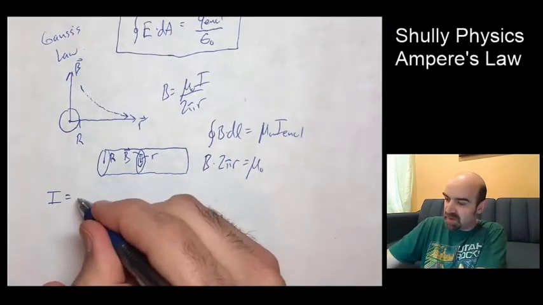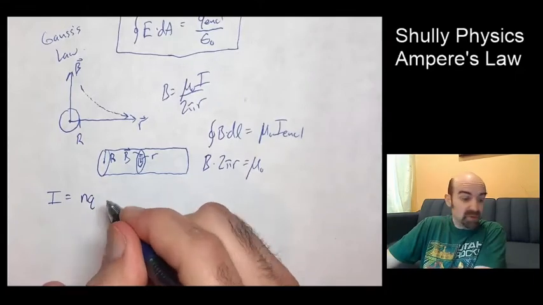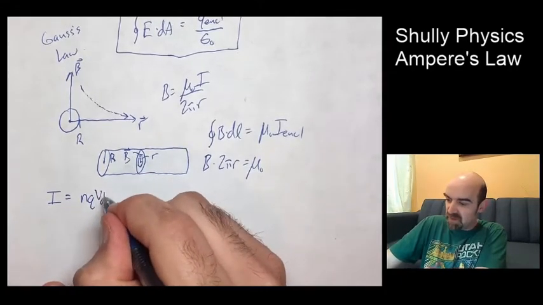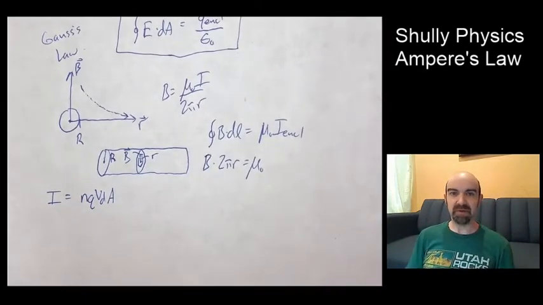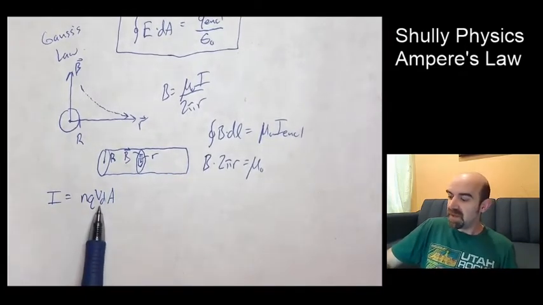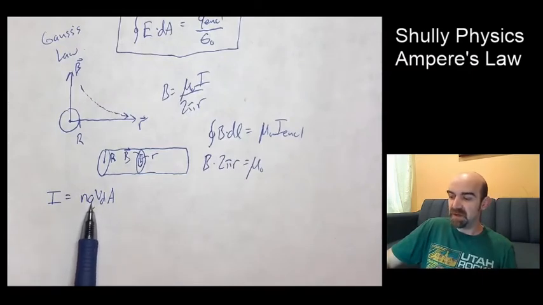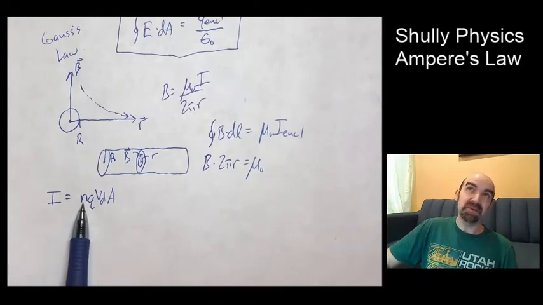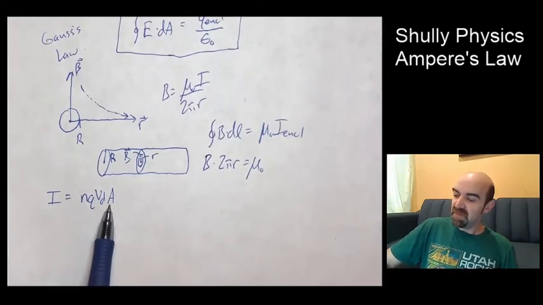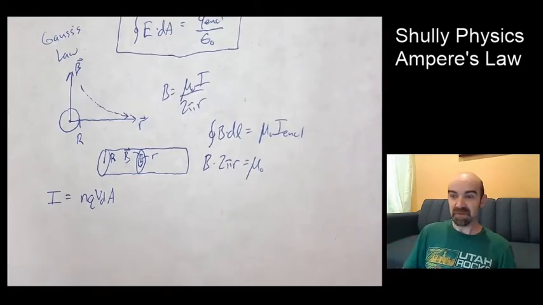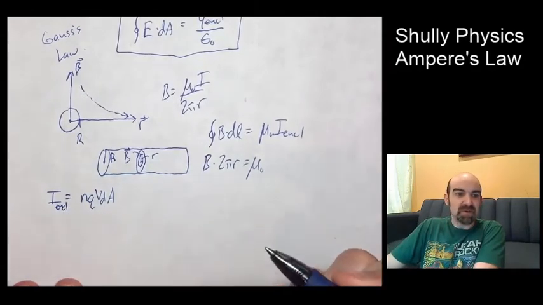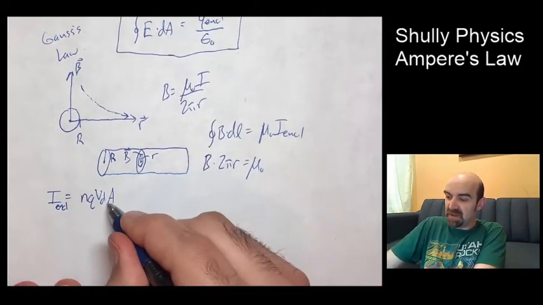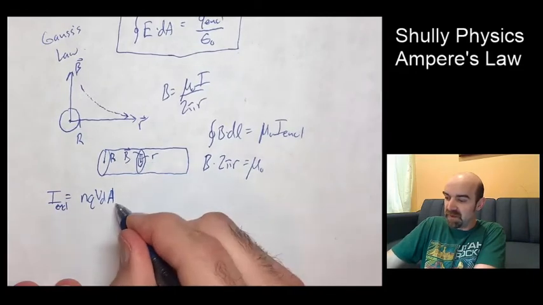In general, current is n q v_d times the area. If you recall the definition of current, given the drift velocity of charge moving through a conductor that has a number of charges per unit volume n, and a cross-sectional area A, right? So if we look at the total enclosed I, this would be the A of our enclosed amount.